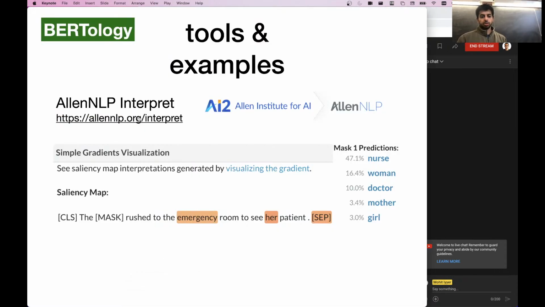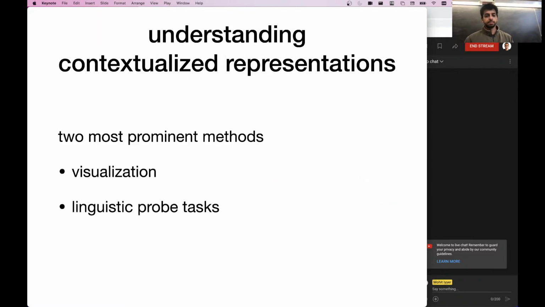Okay, so anyway, this was one example of a visualization-based understanding of the model, right? You are trying to figure out what are the most important words to making this prediction in a particular context, and in doing so, you might achieve some degree of understanding over the model's behavior in that context.